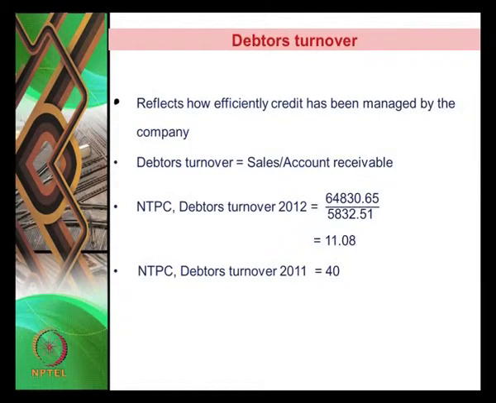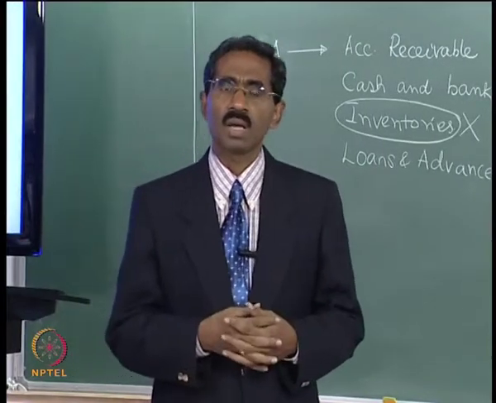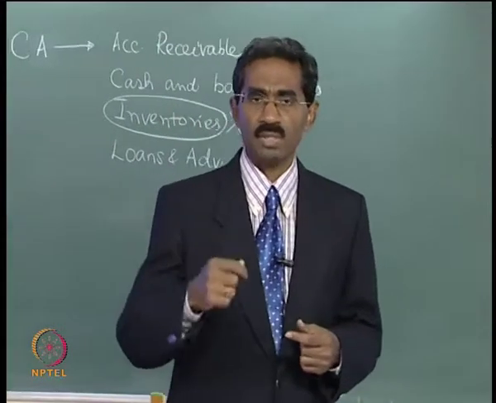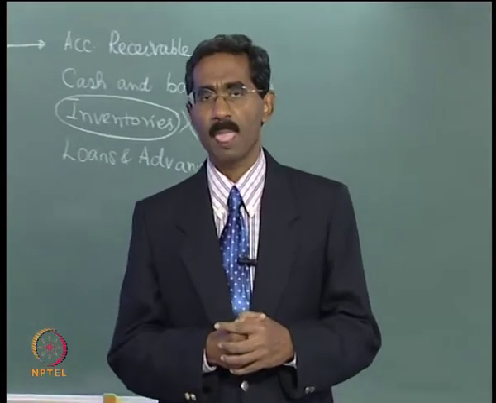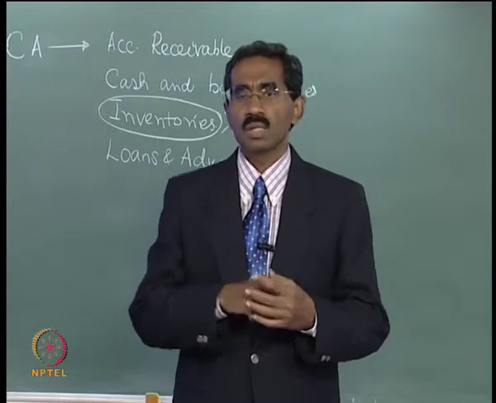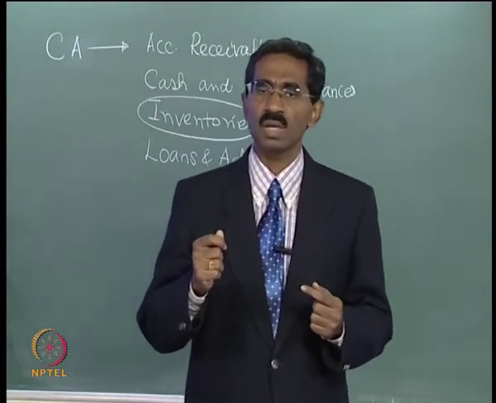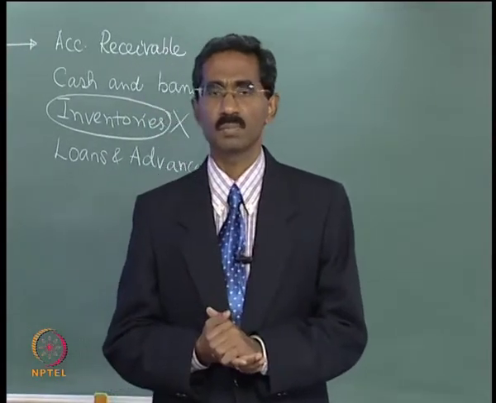Remember, a company makes a sale, and whenever a sale is made, normally it is made on credit, and when the customer pays the company, the cash is received by the company. So from the time a sale is made till the time the cash is received by the company, the amount of sale is reflected in the accounts receivable.